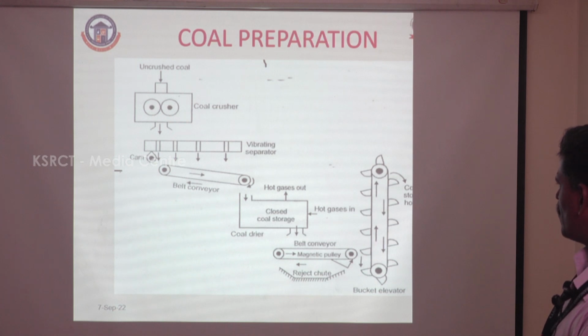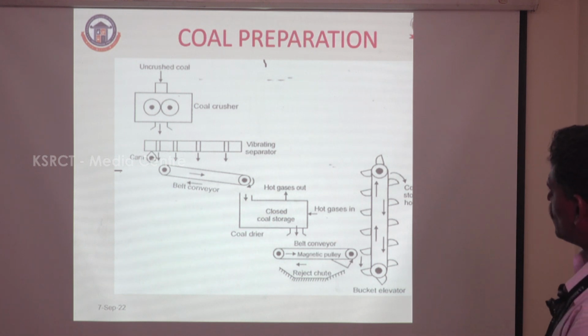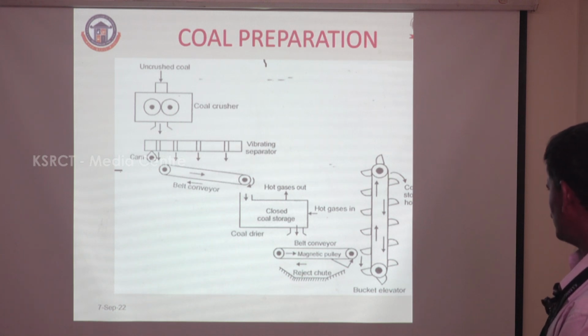Now the powder form of coal is sent into the vibrating separator. The purpose of the vibrating separator is that the larger-size coal is stopped above the vibrating separator, and only the powder form coal goes through into the belt conveyor. Then it goes into the closed coal storage.